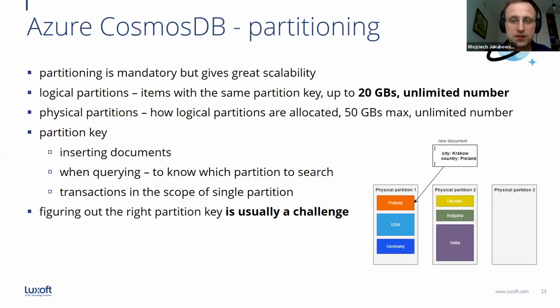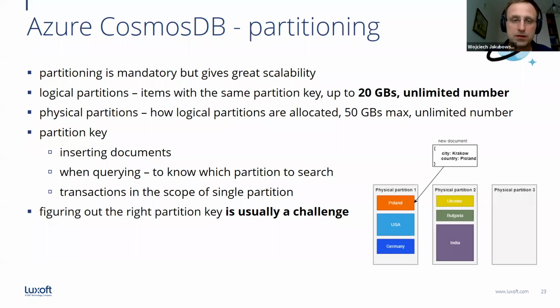And there are also physical partitions, which are about allocating and spreading logical partitions on physical storage. They are up to 50 gigabytes, and similarly, the number is also not limited. As you can see on the diagram here, when you keep adding documents to a particular partition, and the logical partition is running out of space, like for example, if I keep adding cities from Poland, the logical partition will grow.